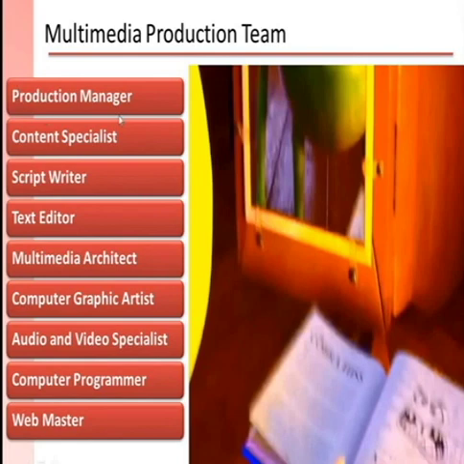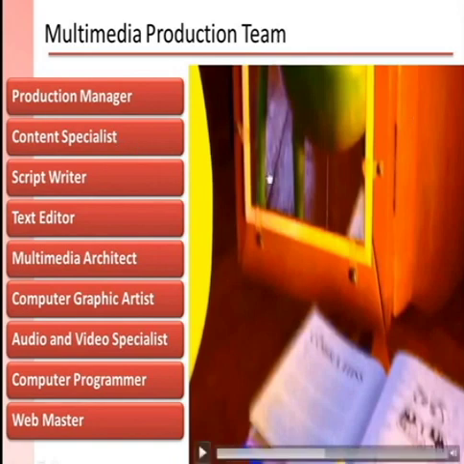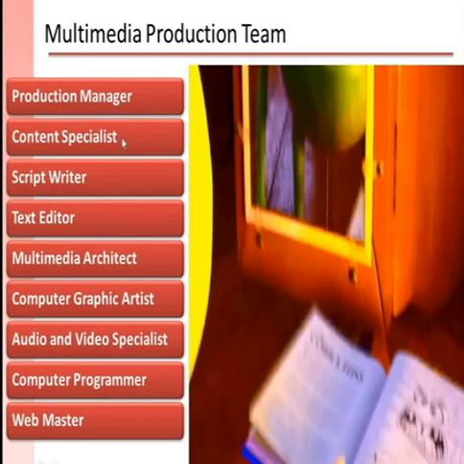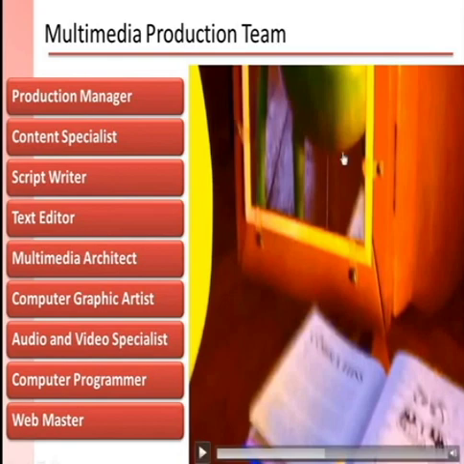So the production manager is in charge of the whole thing. The content specialist has designed the content. The aim is to set a goal to make it live. They have selected a thing that is going to do the practice, hard work, and the script writer is making the screenplay that there must be a library, there must be books, there must be a calendar.